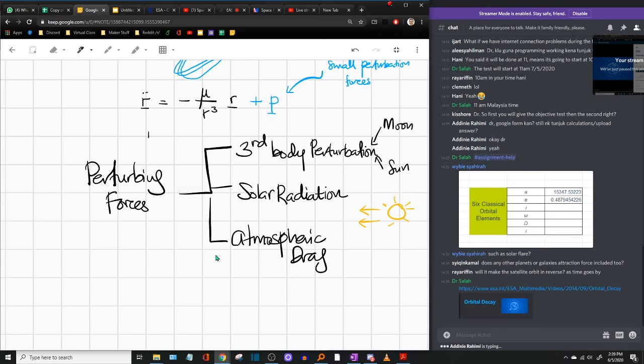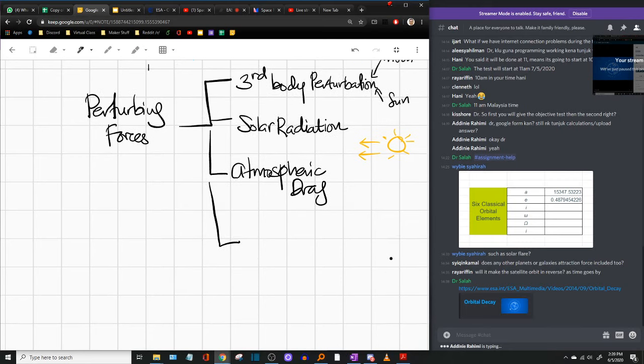The fourth one, which is the most important and probably not very intuitive right now, is what we call the oblateness of Earth. Let me explain what this means. You know that our Earth is not really a perfect sphere. It's like a squashed ball.